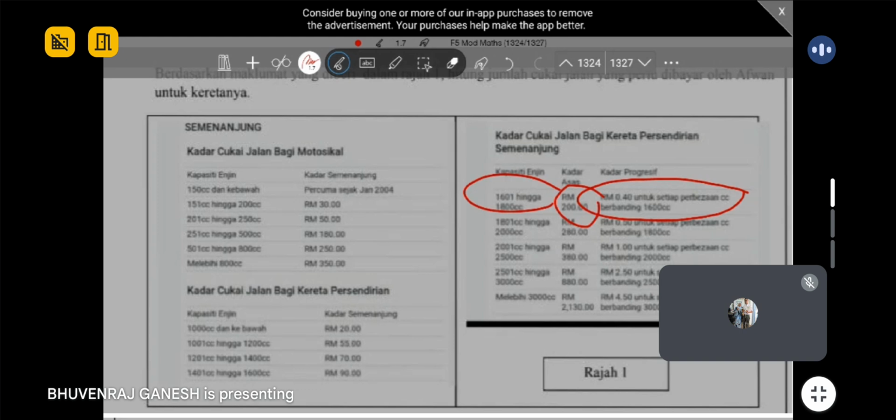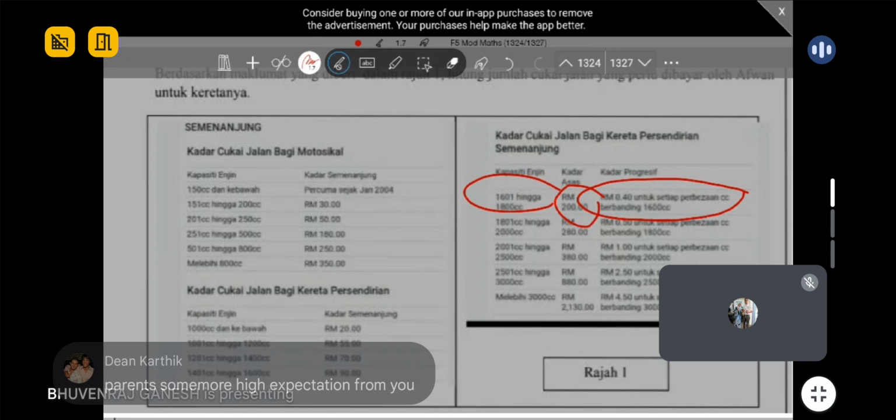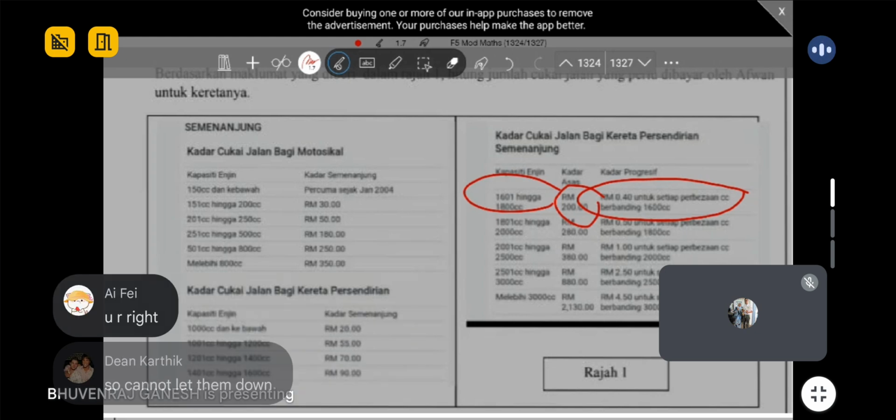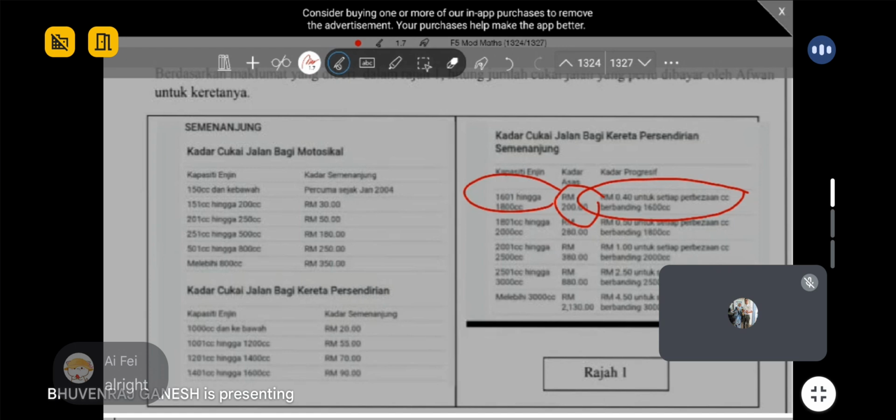But who have more pressure? The person who is at the high, not the person who is at the low going to the high. So that's why I say start from low and go high. That's the best thing. Okay, or even moderate. Moderate, you go to high. So don't always set that expectation you must get A every time. Okay, don't think like that. Okay, it will work against you. Trust me.